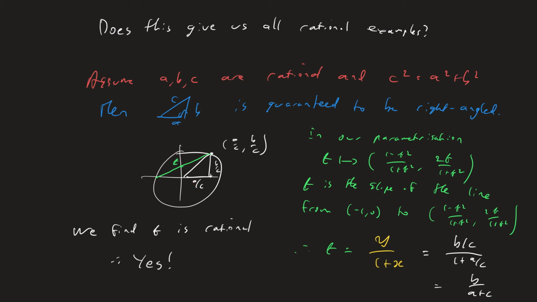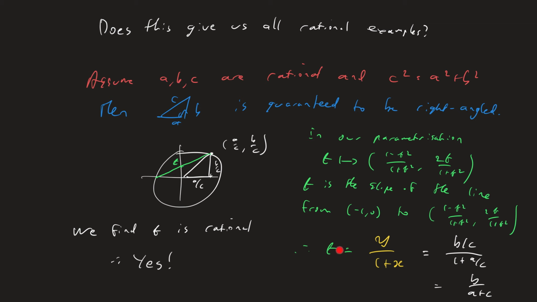Another way of saying this is we're just using similar triangles. The smaller triangle here has got a base length of 1, height of t, and we have a bigger triangle here. And so if we want to find the height of the smaller triangle, then we just have to take the height of the bigger triangle and divide by the appropriate scaling factor. In this case, the larger triangle has got a base of 1 plus a on c, and the smaller one has a base of 1, so this gives us the scaling factor we require.